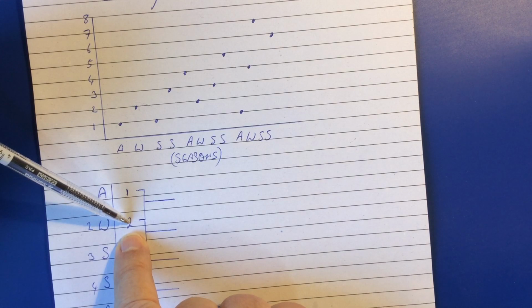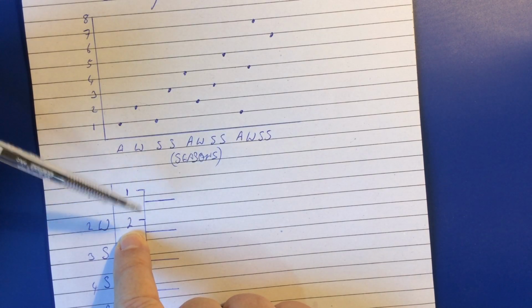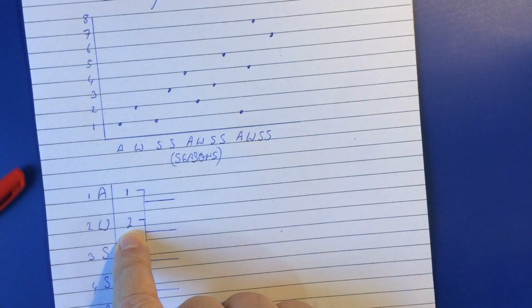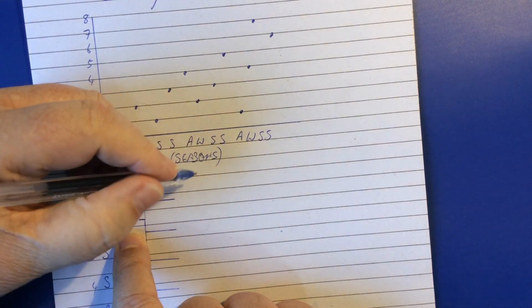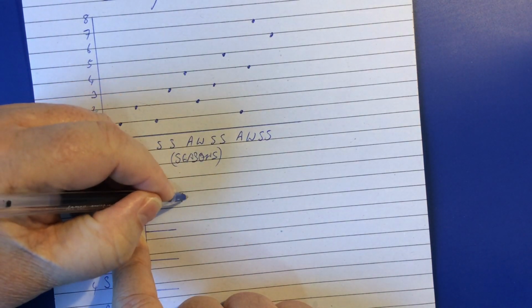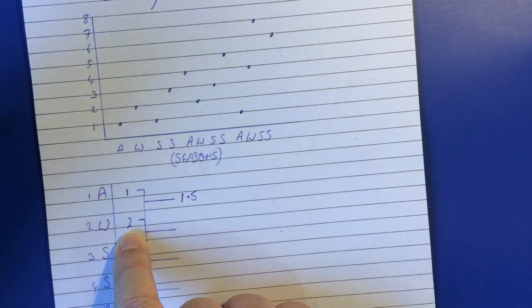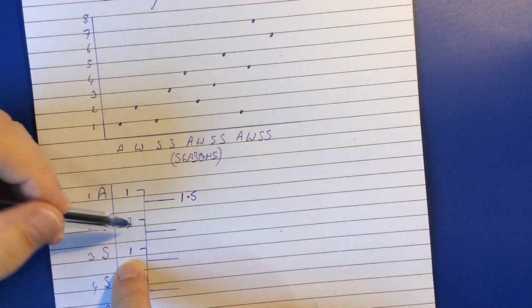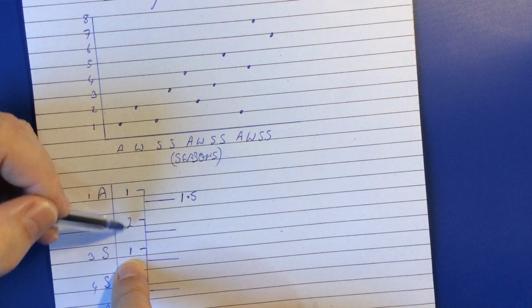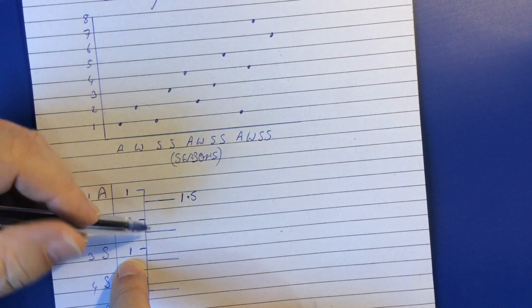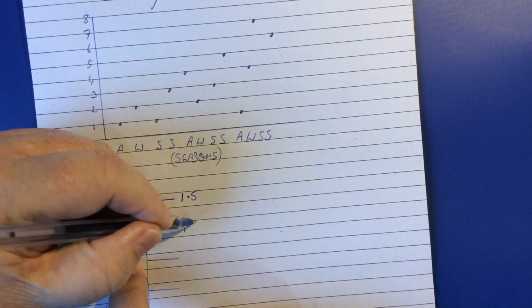So 1 plus 2 is 3. Half of 3 is 1.5. Same thing here. 2 plus 1 is 3. Divide that by 2 and I get 1.5.